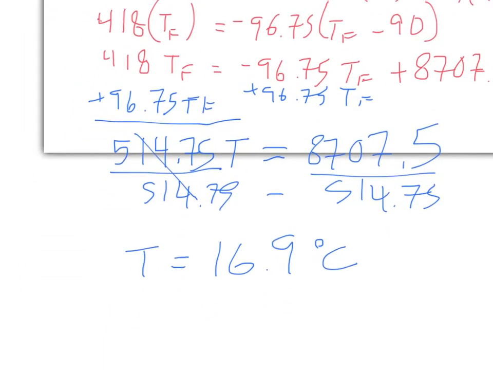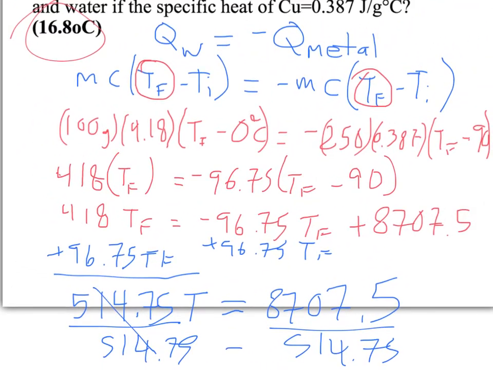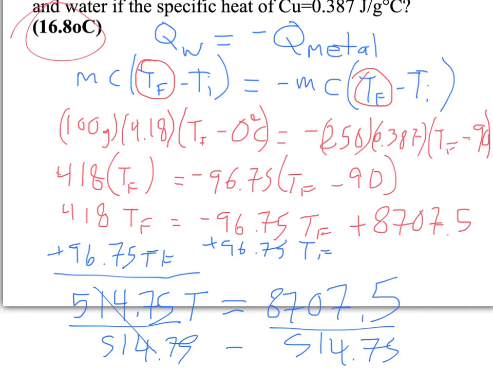So the way we do this is we start off by setting the Q for the water equal to Q for the metal. We substitute in all the values we know for the water, all the values we know for the metal, leaving TF alone since that's the unknown.